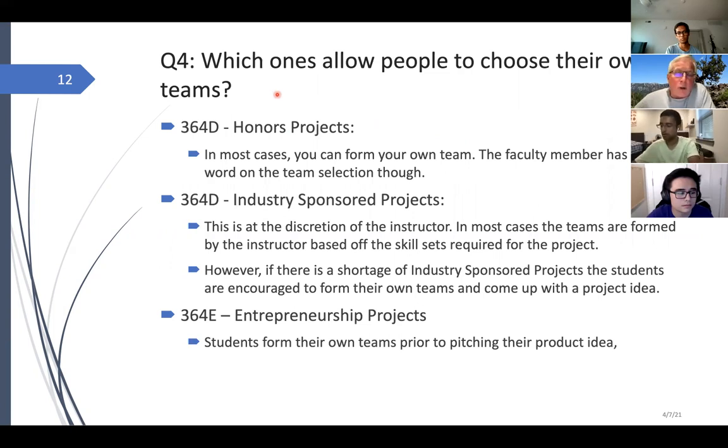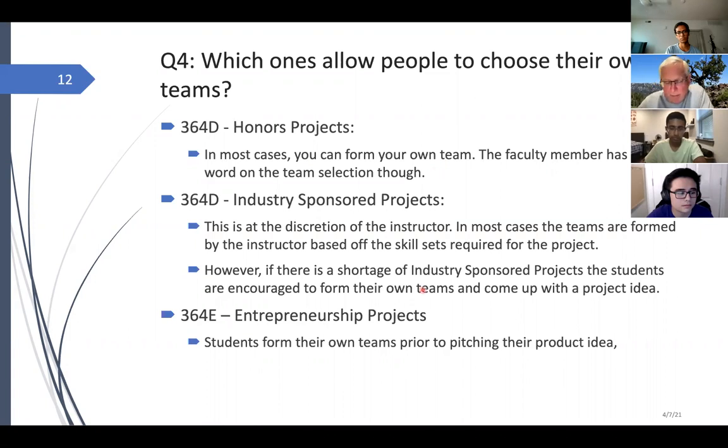In the honors world, both the fall, spring, and the spring, fall, you can probably form your own team, but sometimes a faculty member will have some kind of say about who can be on the team. I'm not going to name names, but some faculty members are very particular about your grade point average and various things like that.